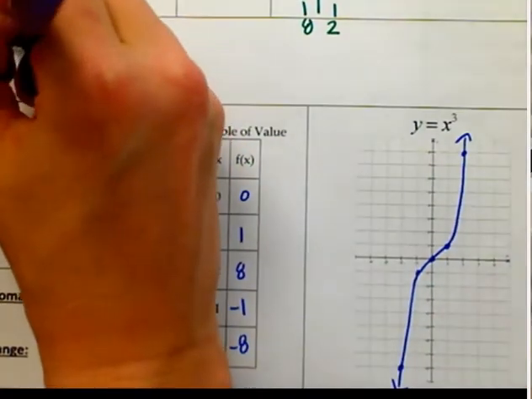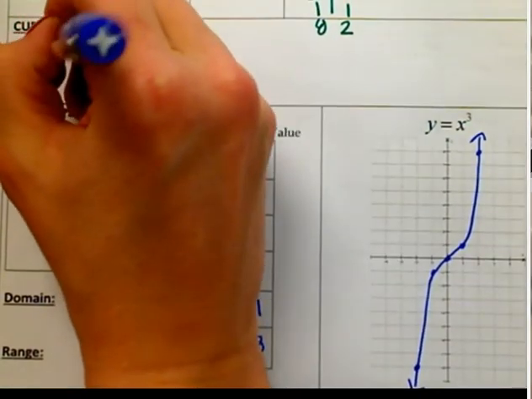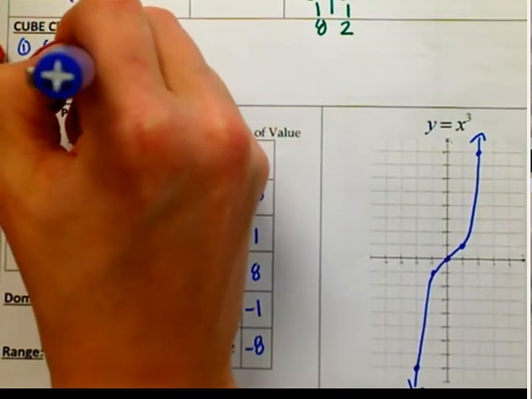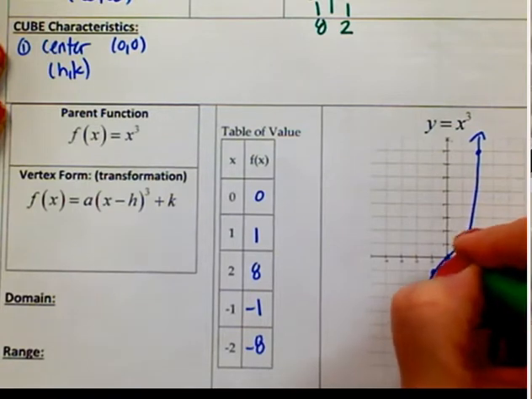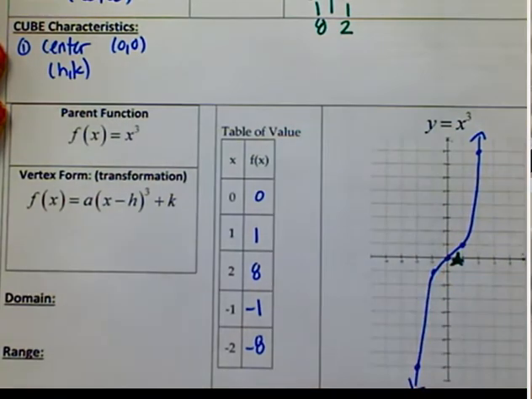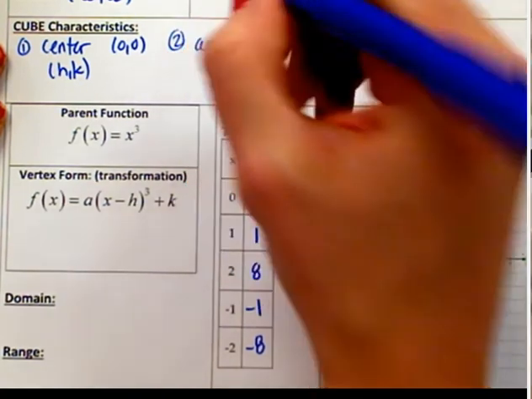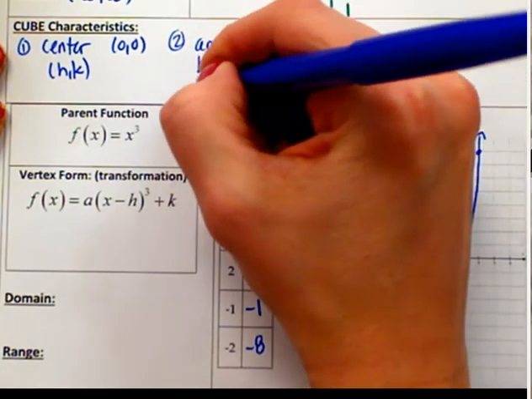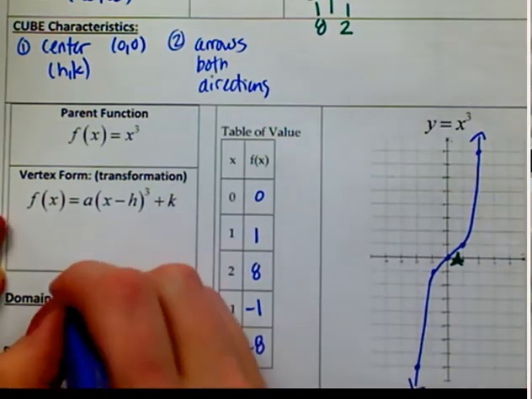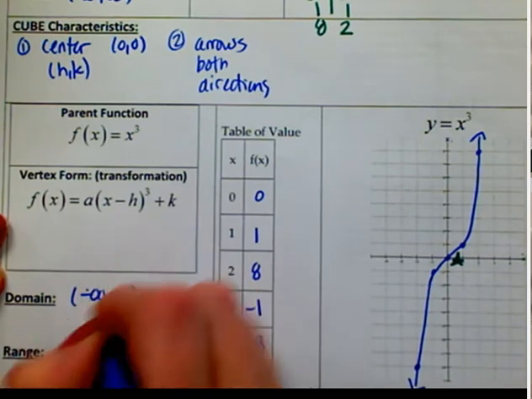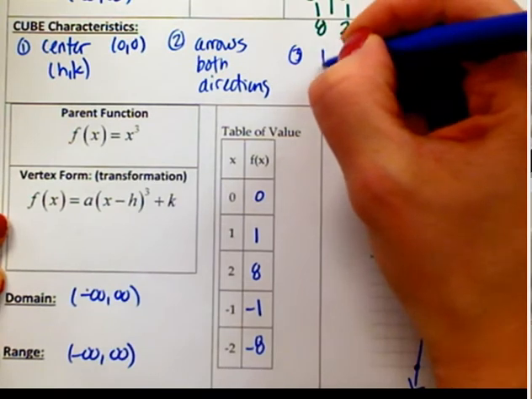Okay, so again, let's write out some characteristics to help us recognize this graph. So the center is (h, k), which in this particular one is (0, 0). There's my center. It has 2 arrows in both directions, which means that my domain and range, okay, this one looks tall.